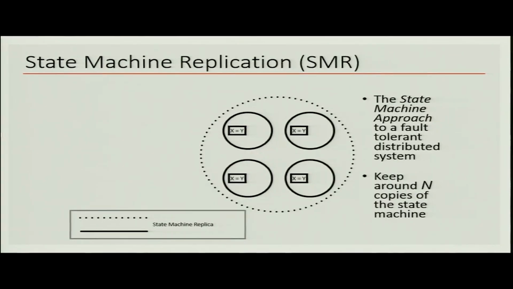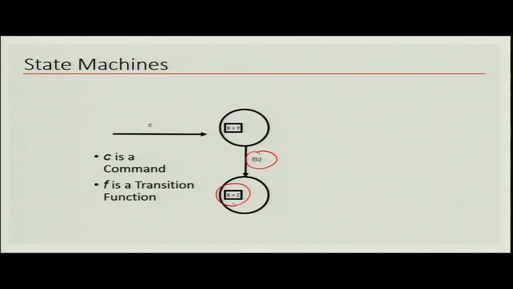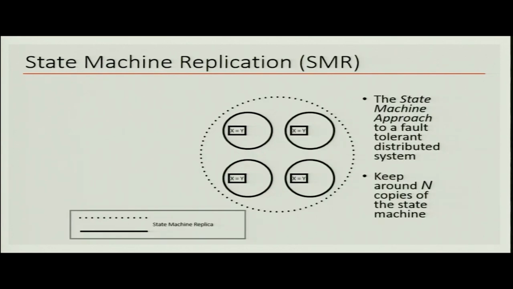So, now suppose we have this situation. In the earlier picture you saw that we have only one server and it is changing state. So, this is a state machine. Now, let us say you have 4 state machines and they are replicating each other, which means that they must always be having the same transition, unless one or more of them have failed, obviously then they cannot do any transition.